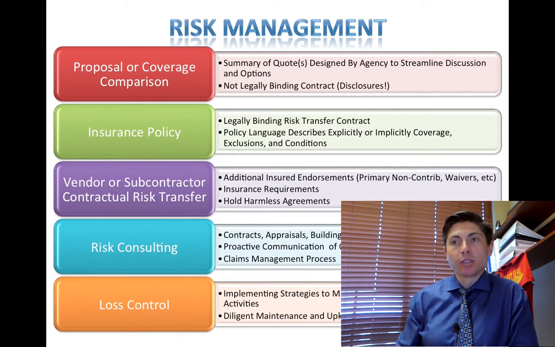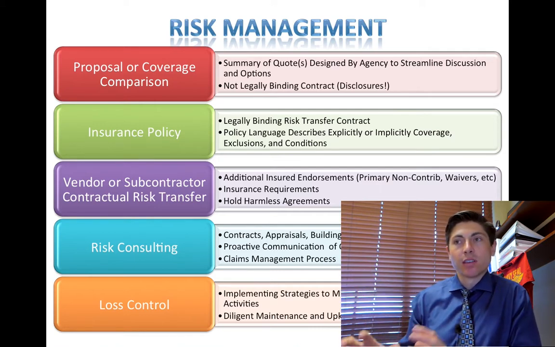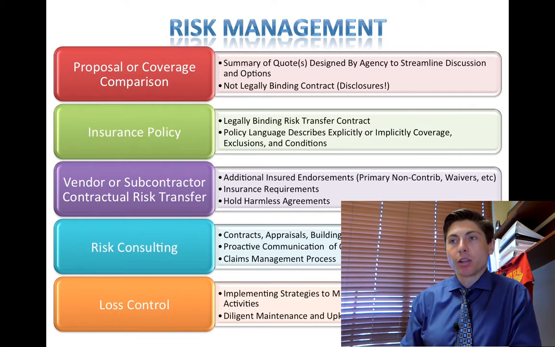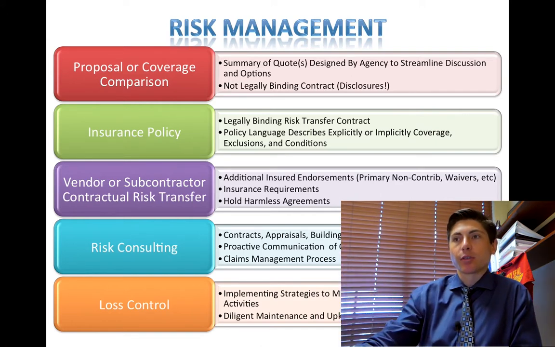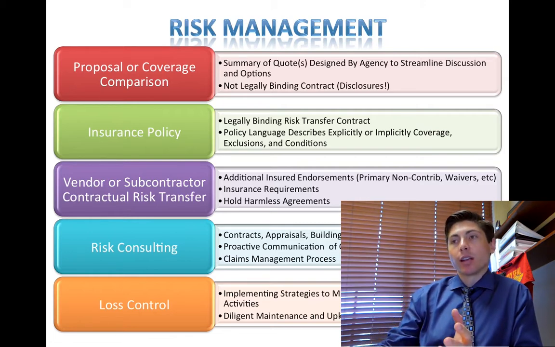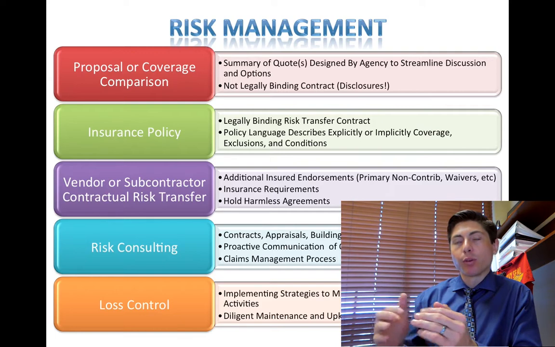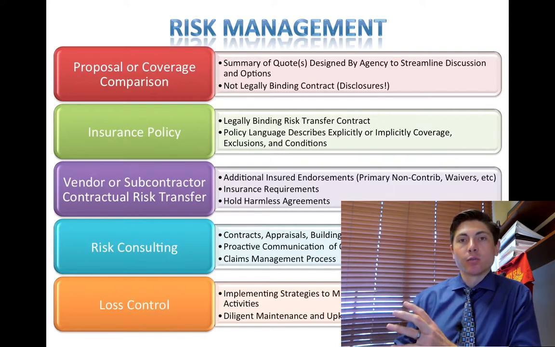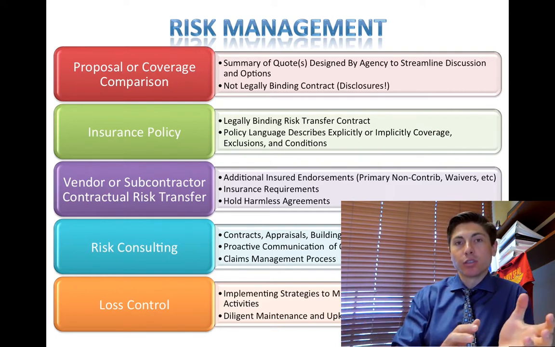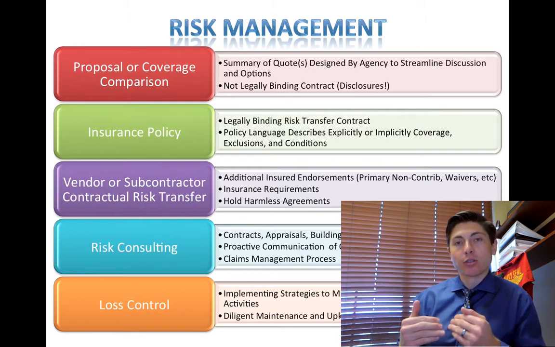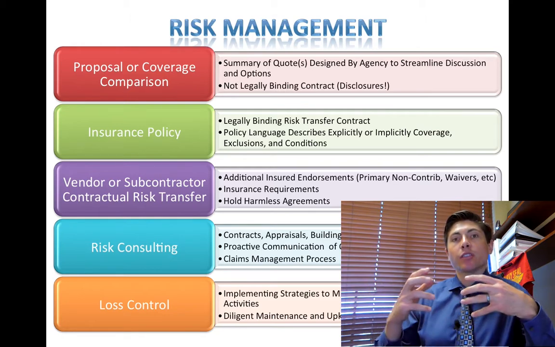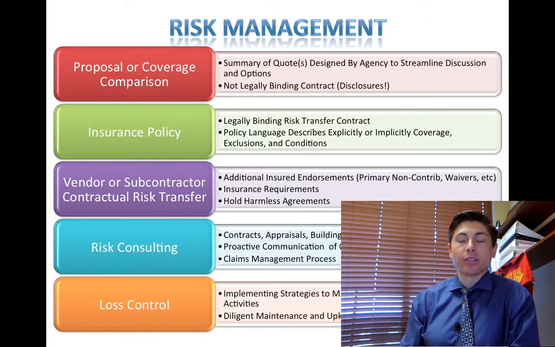So this is really what's just below the surface, if we're going to stick with the iceberg here. It is a legally binding risk transfer contract, and that's important. And so that's all the fine print that goes into saying this is what's covered, this is what's excluded, and it's the insurance carrier's obligations, but it's also the insurance buyer's obligations.